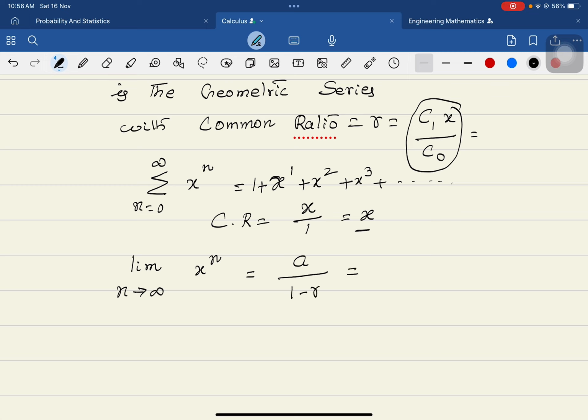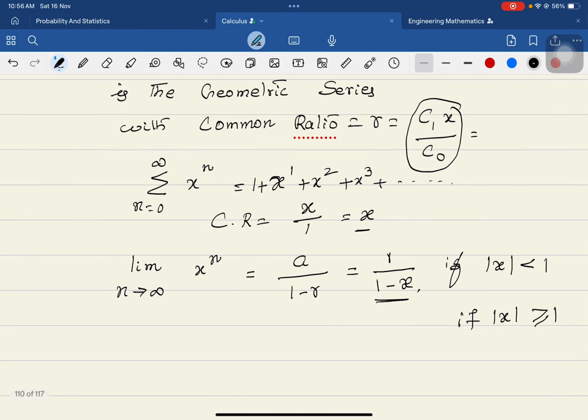Here a is the first term and r is the common ratio, so it is 1 over 1 minus x. This series is convergent if the absolute value of the common ratio, mod x, is less than 1. If mod x is greater than or equal to 1, then it is divergent.